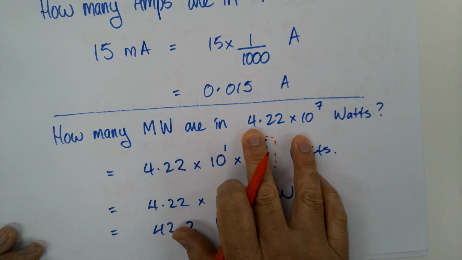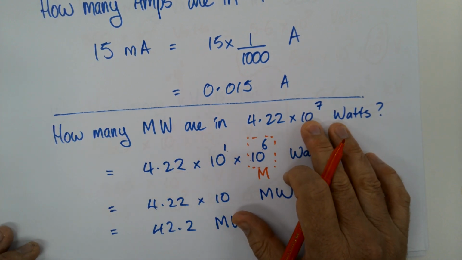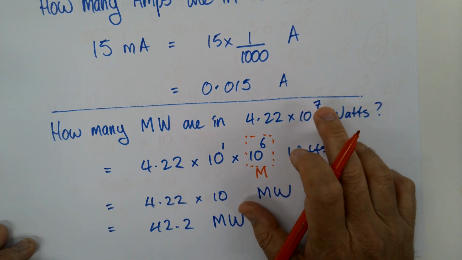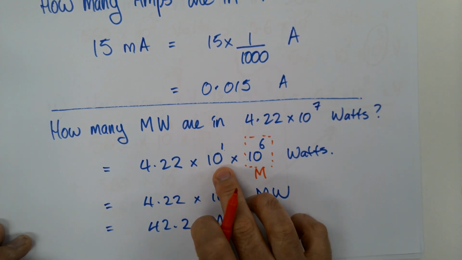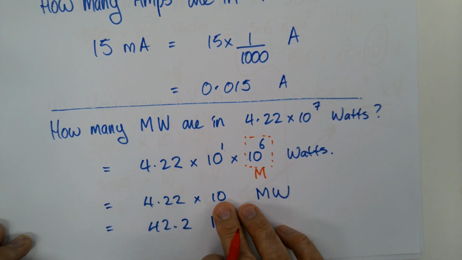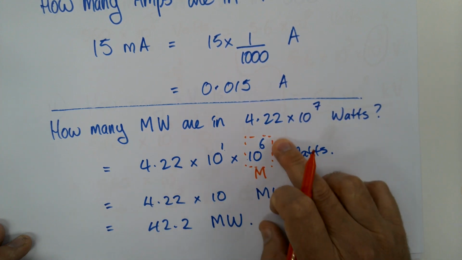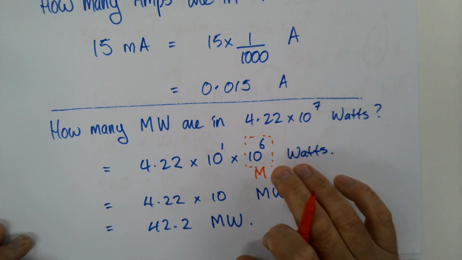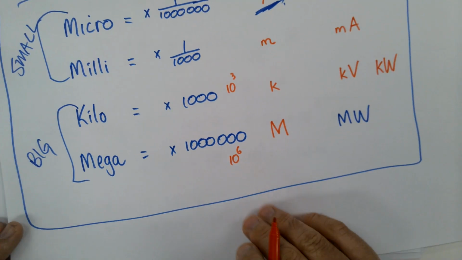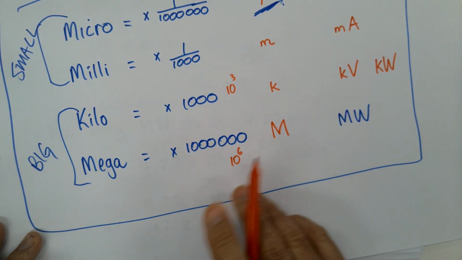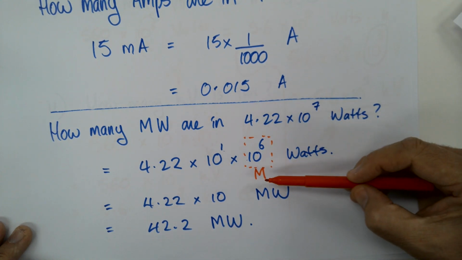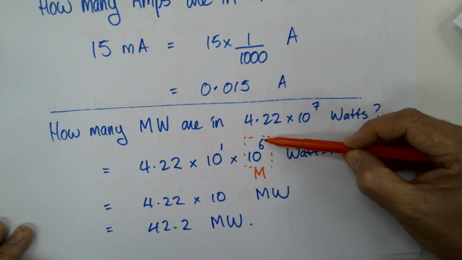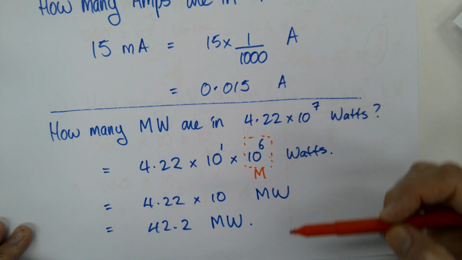How many megawatts are there in 4.22 by 10 to the 7? I want to pull a mega out of that, and I'm left with just 10 behind. So that 10 to the 6 is mega. All we're doing is swapping a letter symbol for that. That's all we're doing.